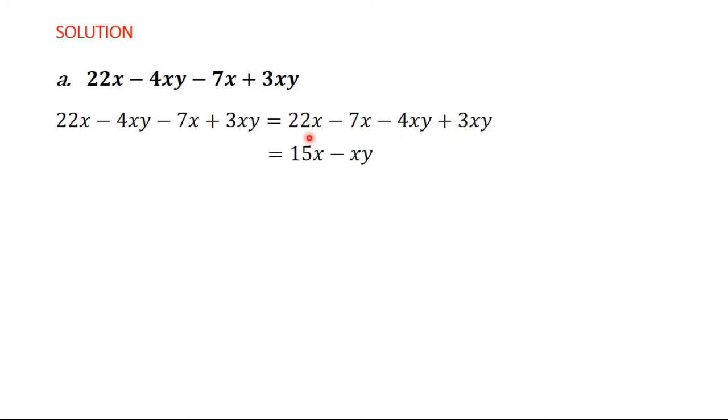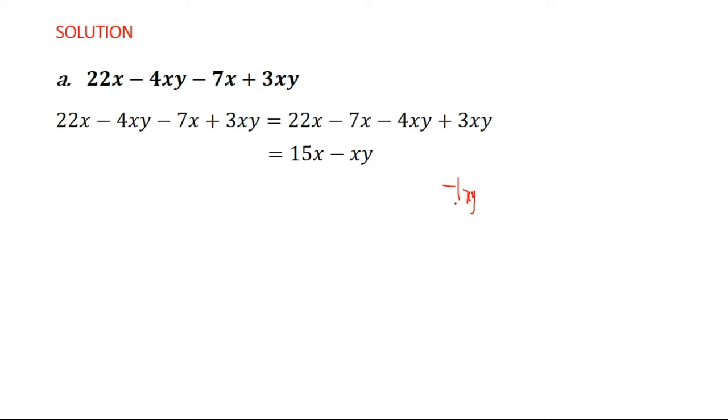So in the first instance, we have 22x minus 7x. So we are going to get 22 minus 7. That will give us 15. So we are going to have 15x. Remember that we are subtracting the coefficients. Now in the second instance, we are going to have minus 4 plus 3. We know that minus 4 plus 3 will give us minus 1. So in actual sense, we were supposed to have minus 1xy.